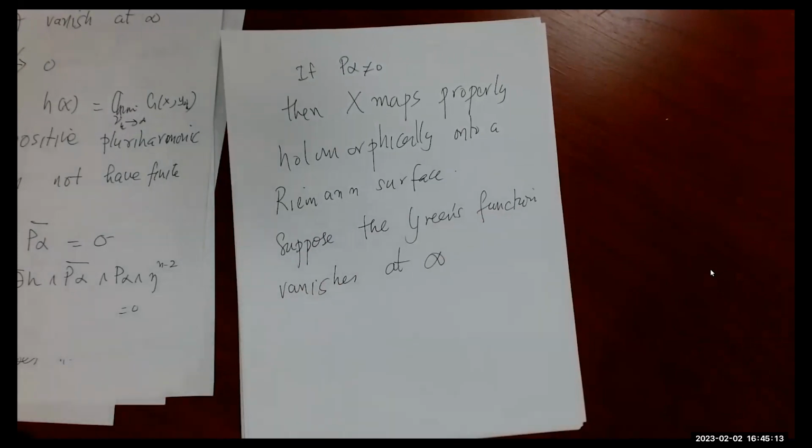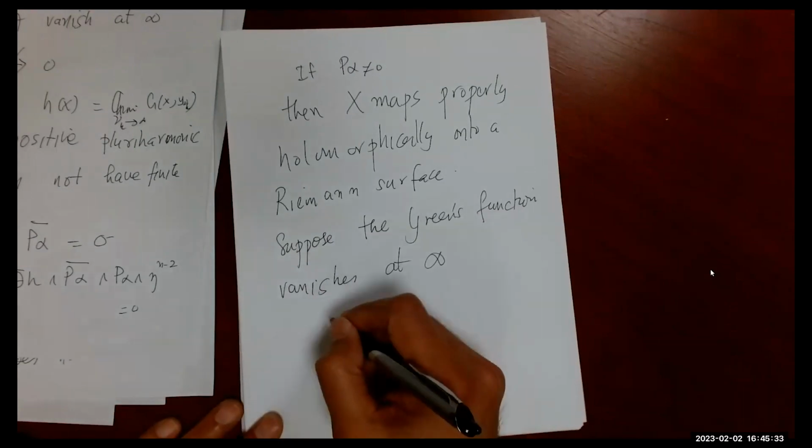Remember we had that U1 plus iU2 earlier. So U1 and U2 had this pair of properties. If they're linearly dependent over R, so one is just a multiple of the other, then you can again show that X maps properly onto a Riemann surface. Let's write it out.